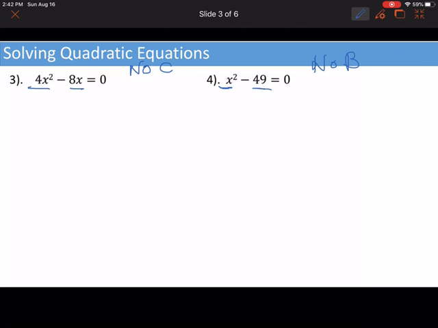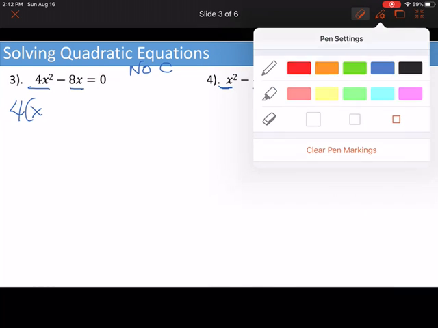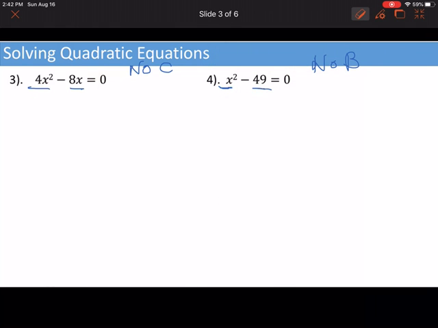Students also forget, one of the first things you should always ask yourself is, is there a GCF? So for this one, I'm going to say, is there a GCF? Yes, I can factor out the 4x. 4x goes into 4x squared, x times.